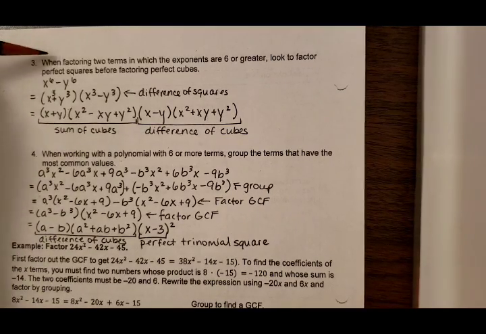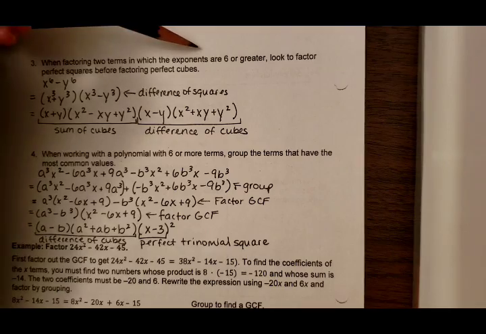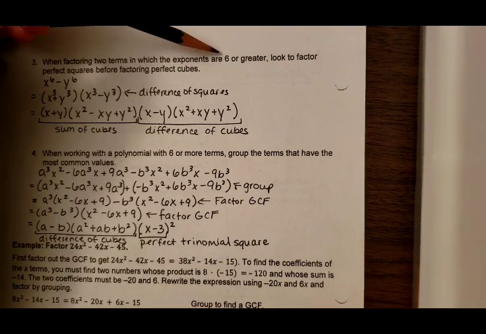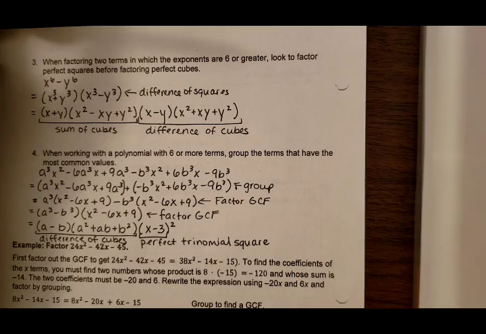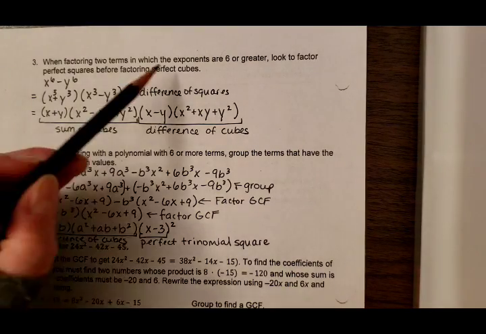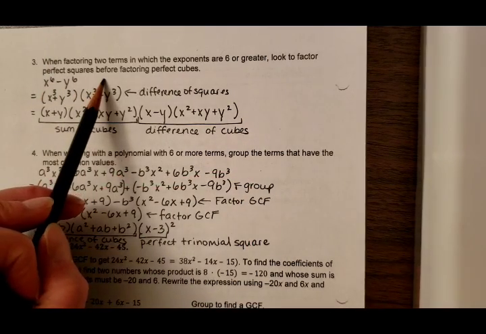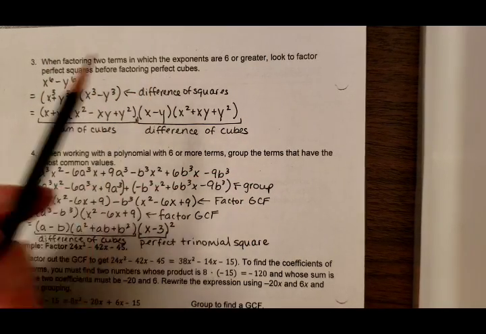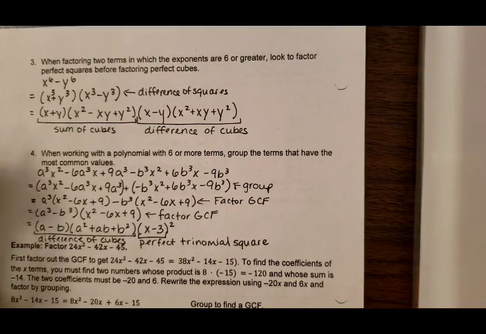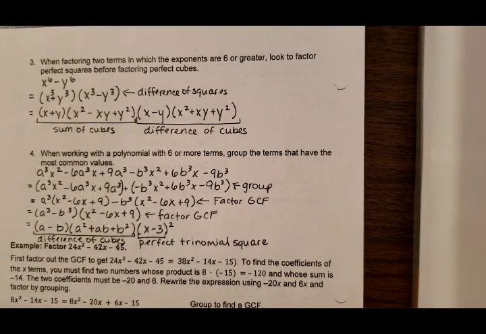So if you're factoring 2 terms and the exponents are 6 or greater, look to factor perfect squares before factoring perfect cubes. Sometimes that's going to happen, sometimes that's not.